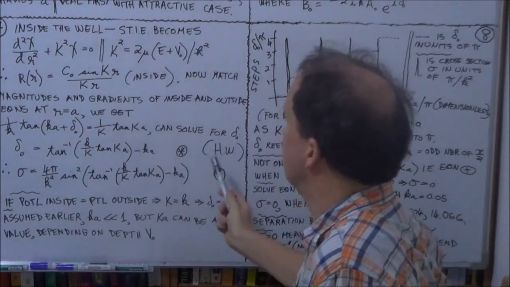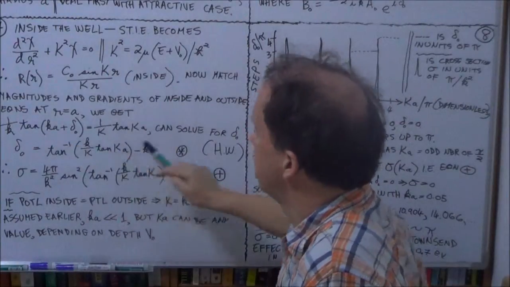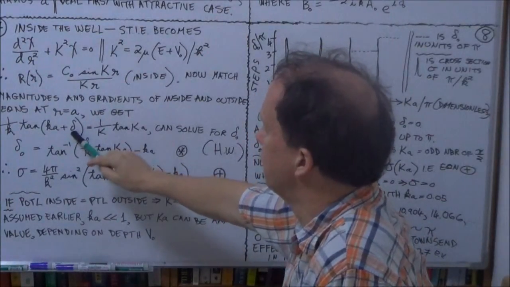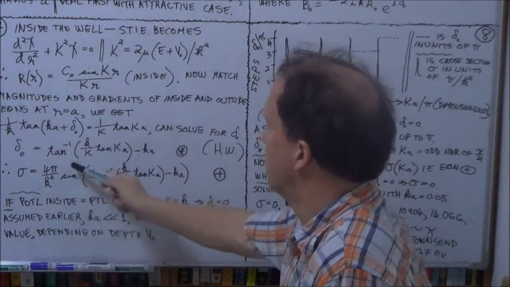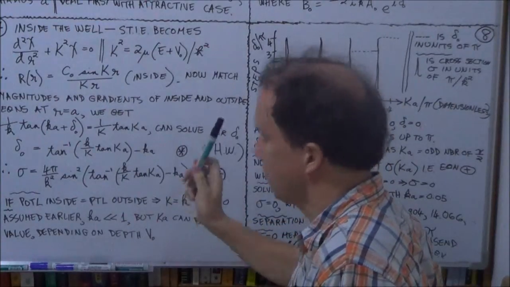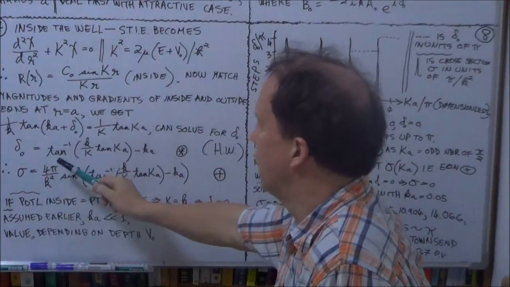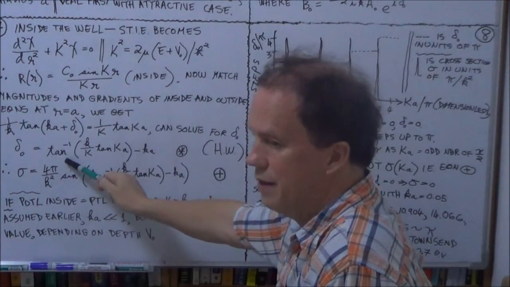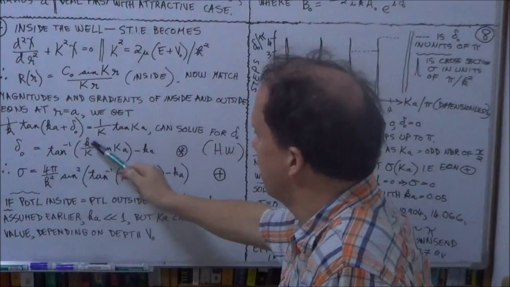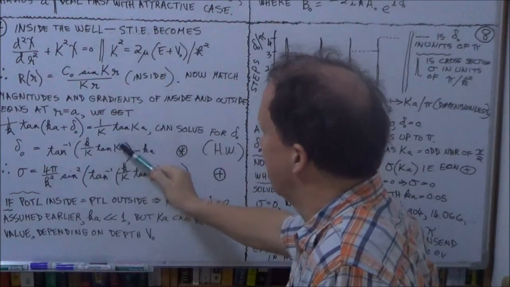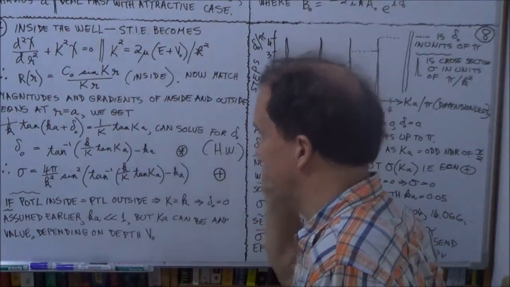Again, as homework, given this, find a formula for delta naught, and it works out to be this. So do that for homework. So delta naught then is the inverse tangent of little k over big K, tangent of big K a, minus little k a.